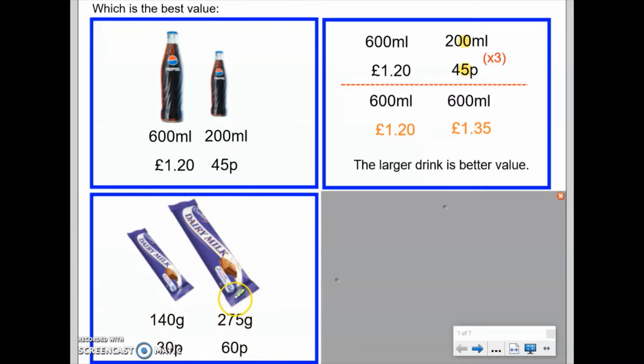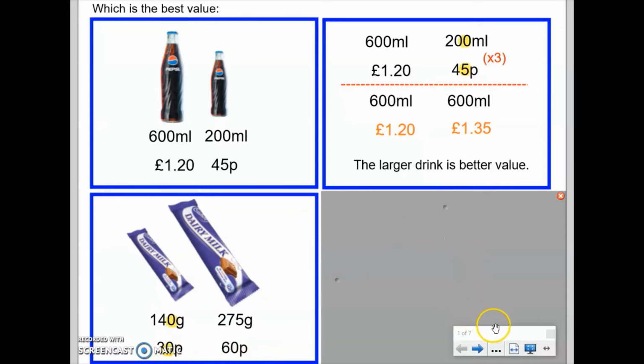The large chocolate bar costs 60 pence, and the small chocolate bar costs 30 pence. So at the minute, I can't do a direct comparison because nothing is equal. But if I was to multiply the information I have from the small bar by 2, then I would be dealing with 60 pence for both bars.